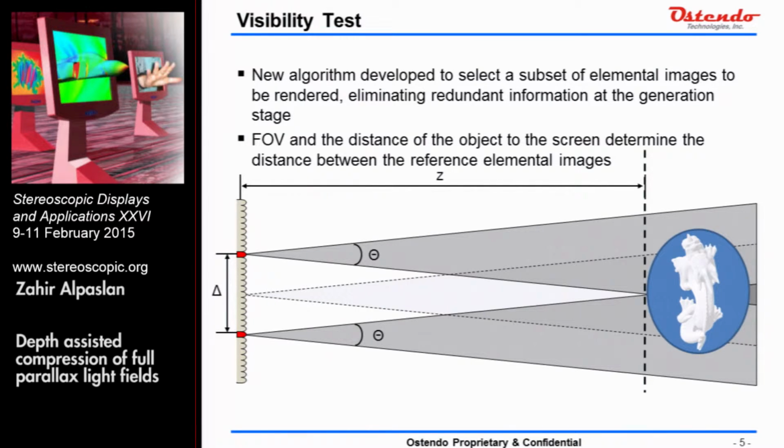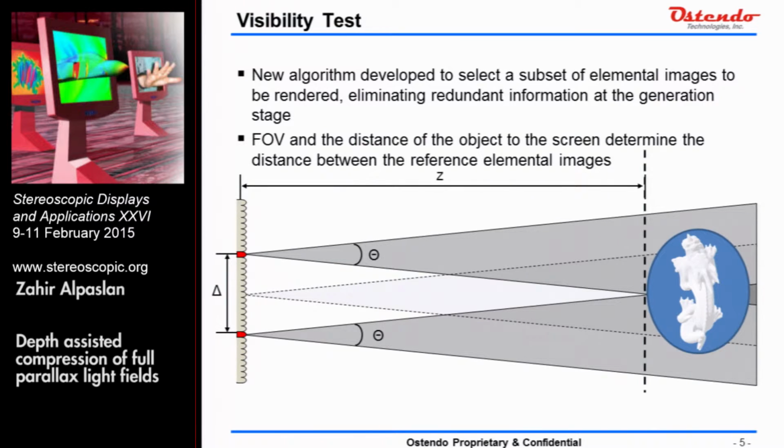The visibility test is a new algorithm developed to select a subset of elemental images to be rendered, eliminating redundant data at the generation stage. We basically take the object and consider it as a thin plate, and the distance of this thin plate to the screen or to the capturing surface determines the distance between the reference images.